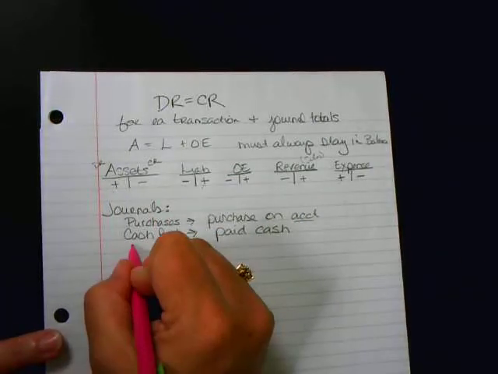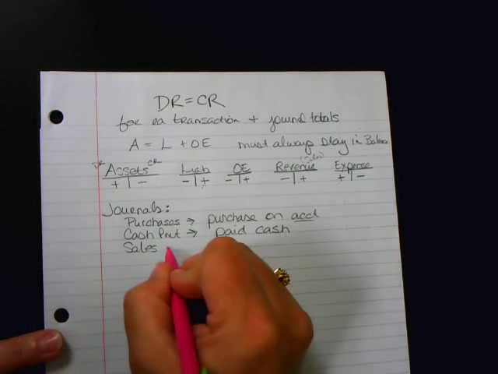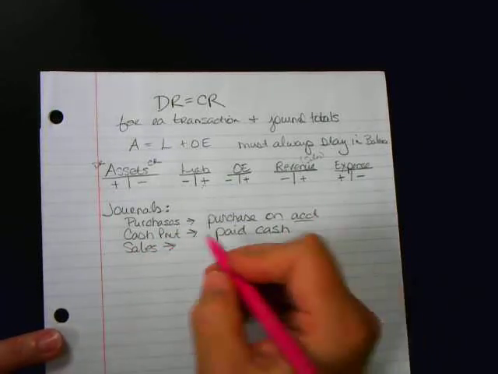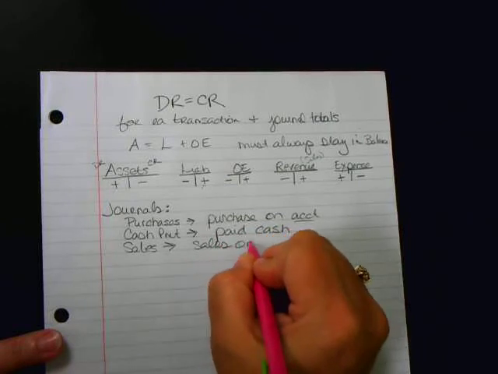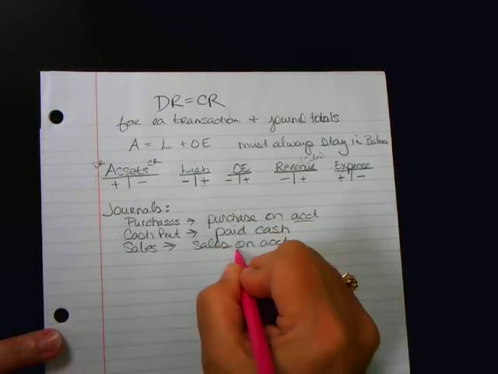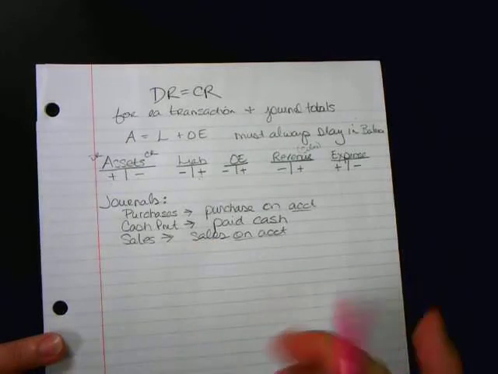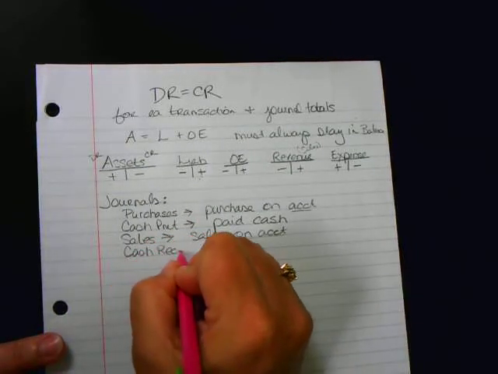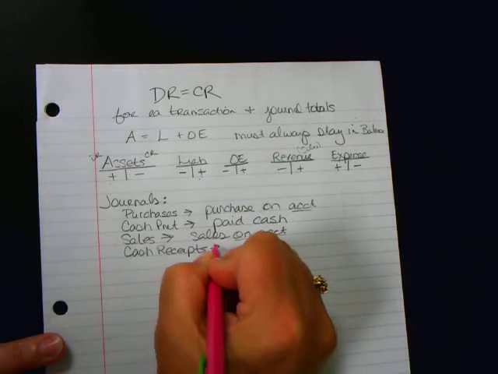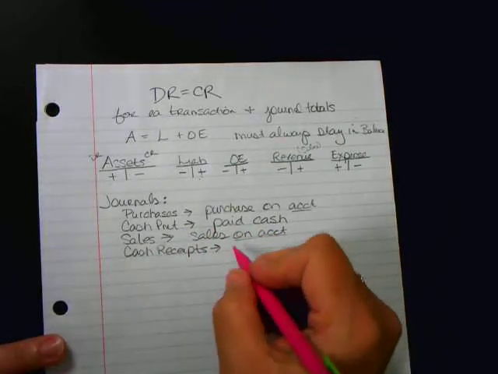Sales journal. Sales on account. And again, remember, on account is a keyword. Cash receipts. Receiving cash.